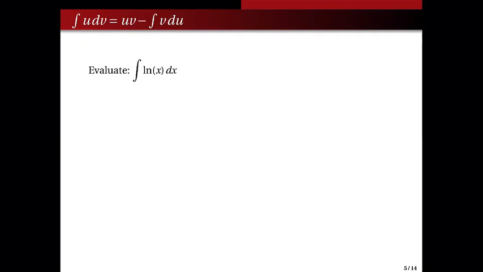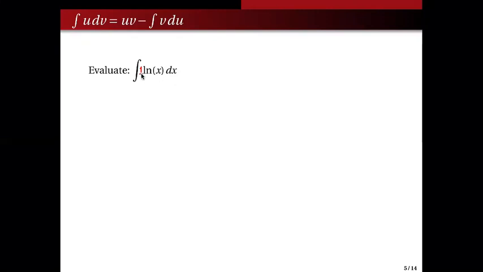So, in here, again, we want to integrate ln of x dx. As you can see, it looks like there's only one function here, just the ln of x. But you can think of this as 1 times ln of x.